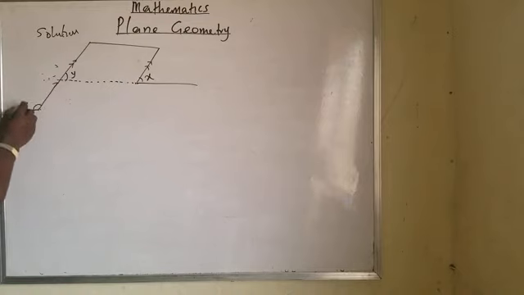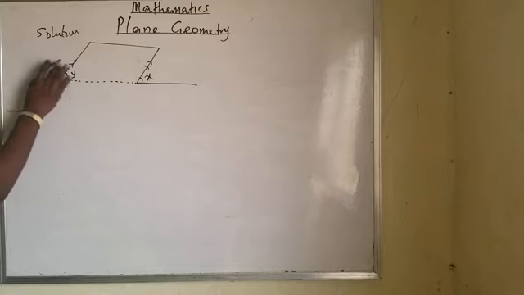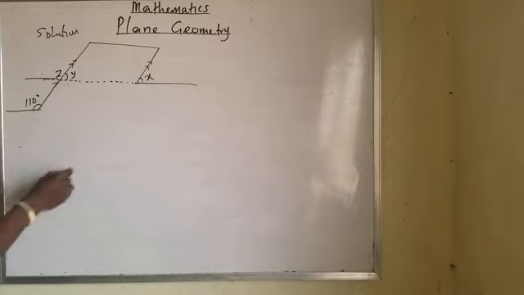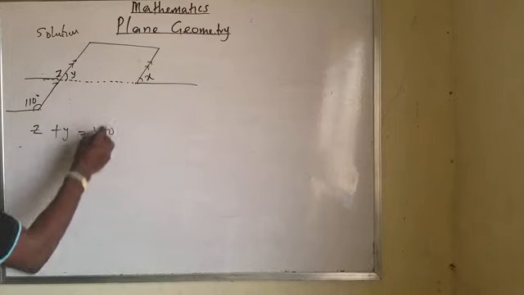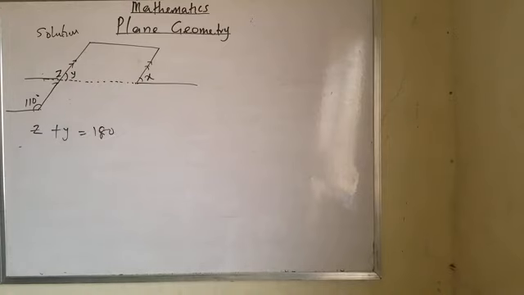I call this place 110 degrees. Now, if that is the case, it means Z also will be here. Now, Z plus Y equals 180. We all know that angle on a straight line is 180.